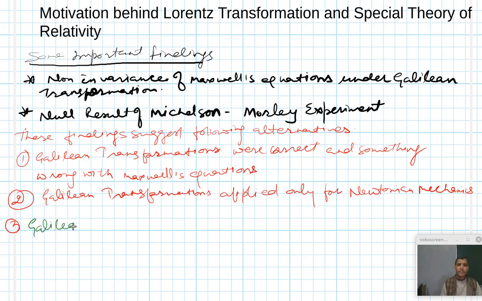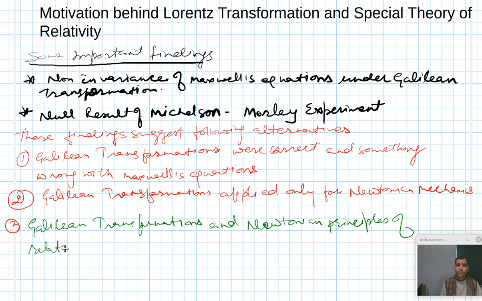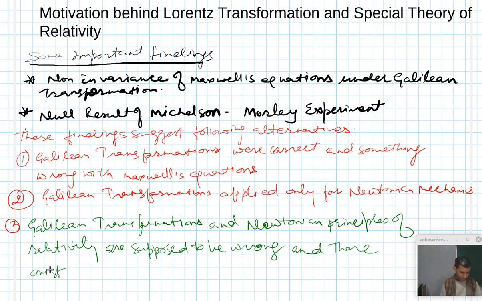That is, Galilean transformations and Newtonian principles of relativity are supposed to be wrong, and there exist new relativity principles, right?